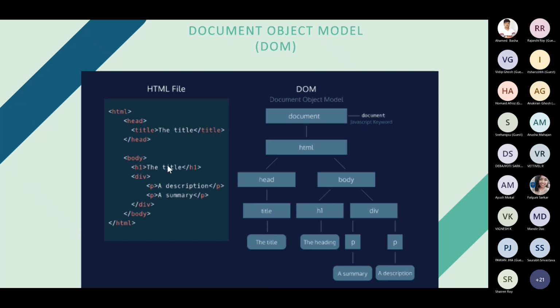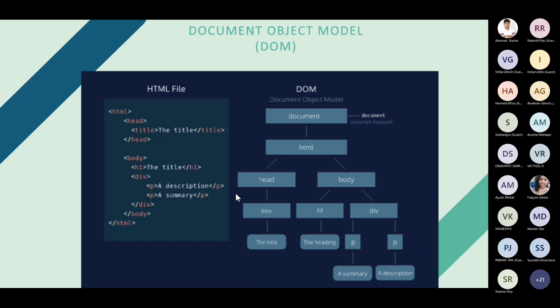This document object model is also seen in XML. If you're familiar with XML, you will see that XML has a similar code structure to HTML, the same tree structure, where it generally comes from a parent and then descends to children nodes like this.